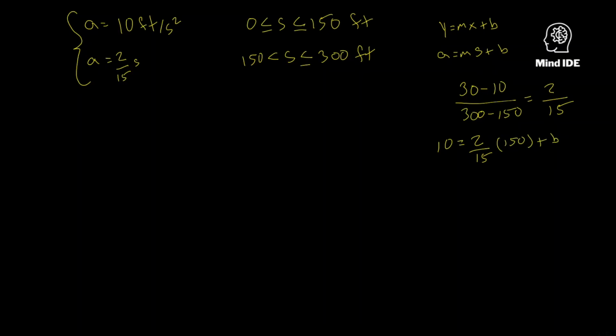And then we just solve. 2 over 15 times 150 is 20. So 10 minus 20 equals b, which is negative 10. So b is minus 10 feet per second squared.